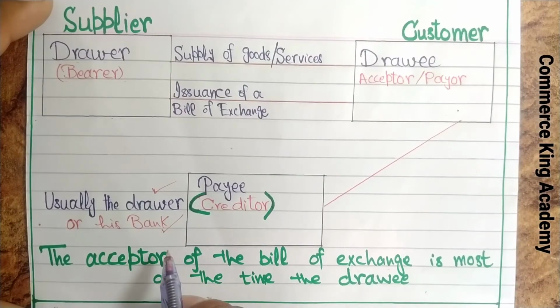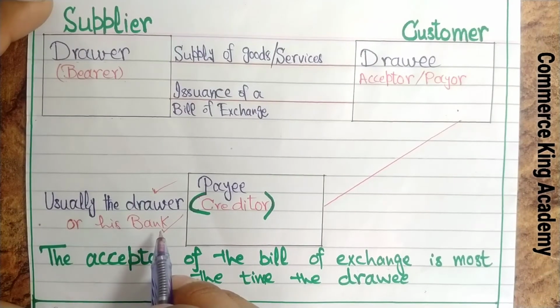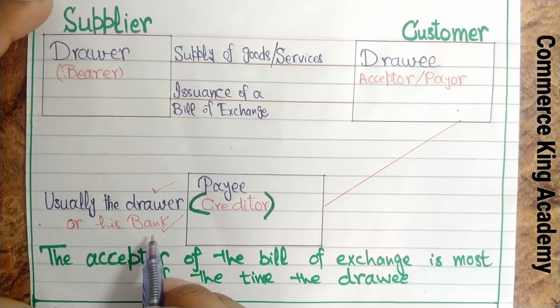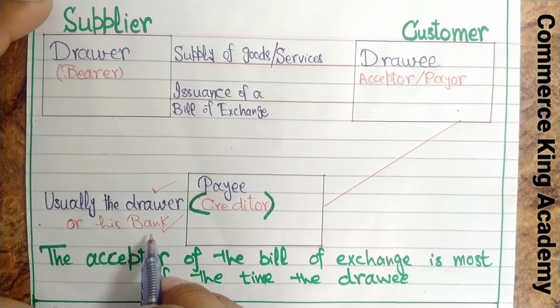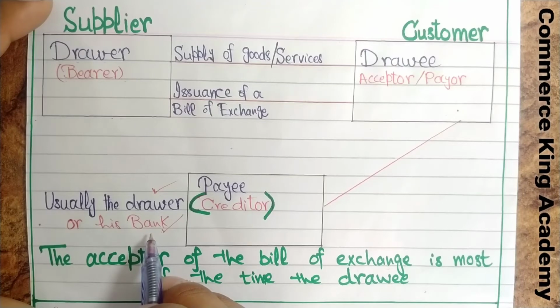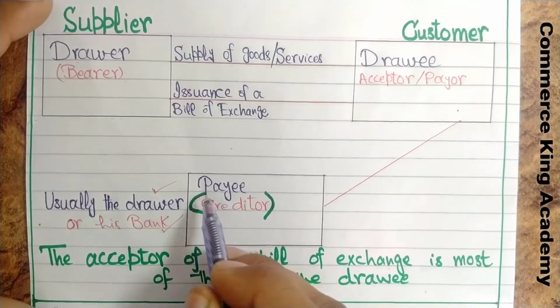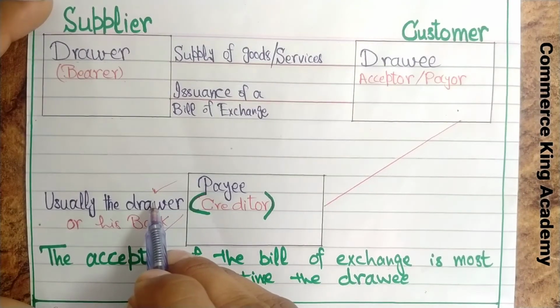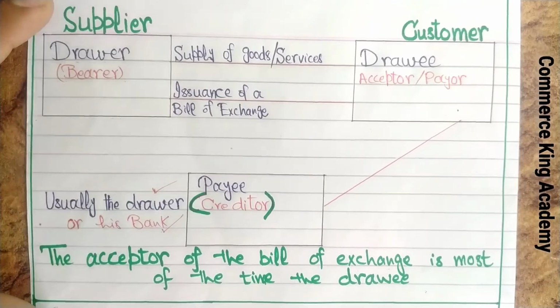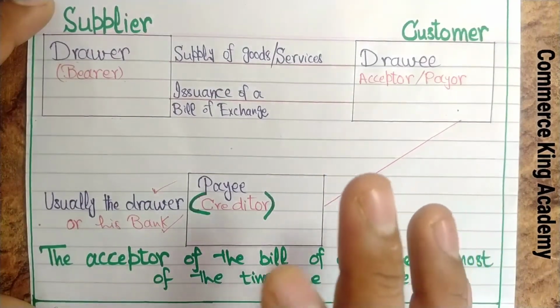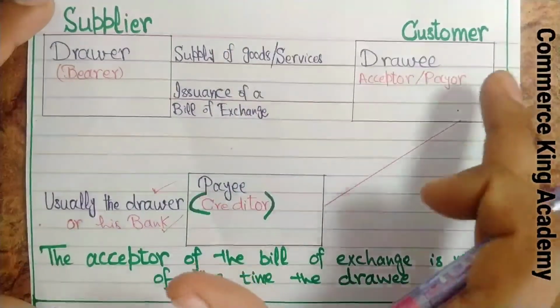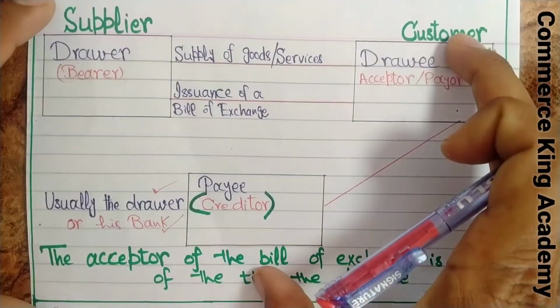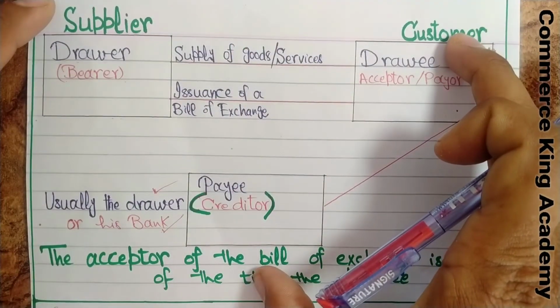In the context of discounting of bill of exchange, the payee will be the bank. In case it is not discounted by the bank, ultimately the payee or receiver of the bill of exchange is the drawer itself. I say again, the acceptor of the bill of exchange is most of the time the drawee.